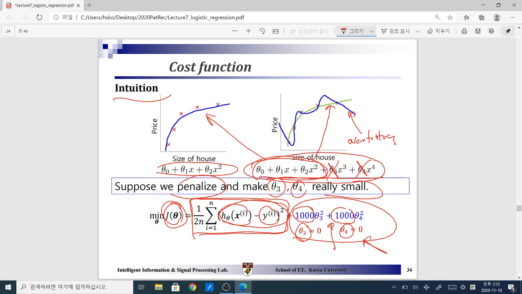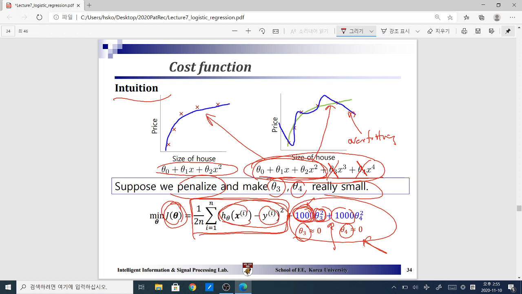In this case, once again, by multiplying each of the squares of theta 3 and theta 4 with a very high value like 1000, this means that whatever the values of theta 3 and theta 4 are, they will be penalized 1000 times as much.